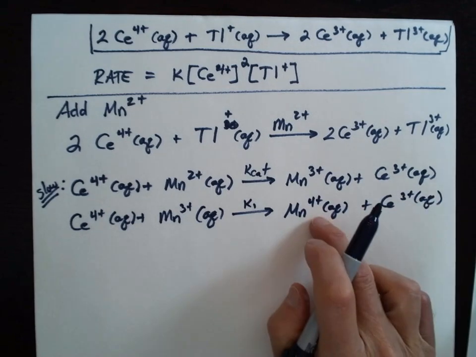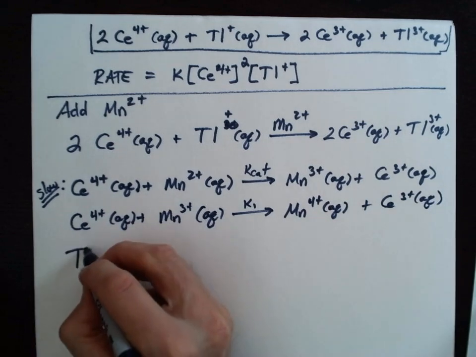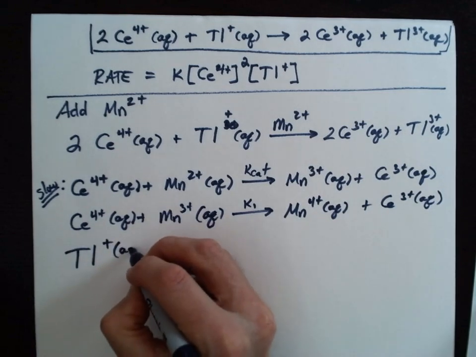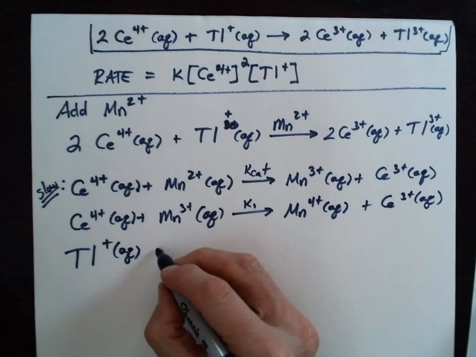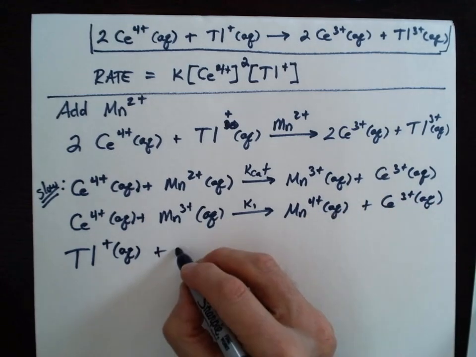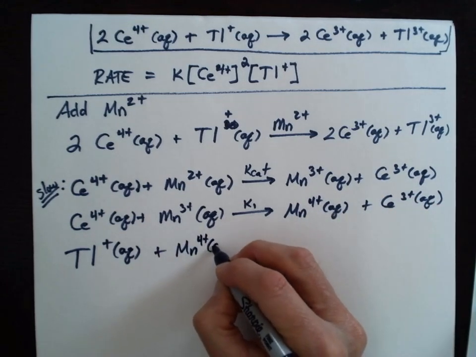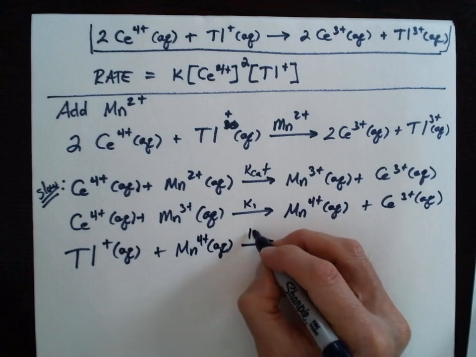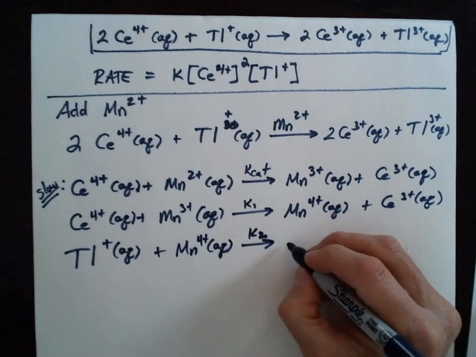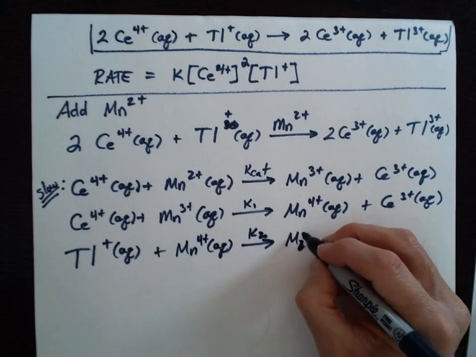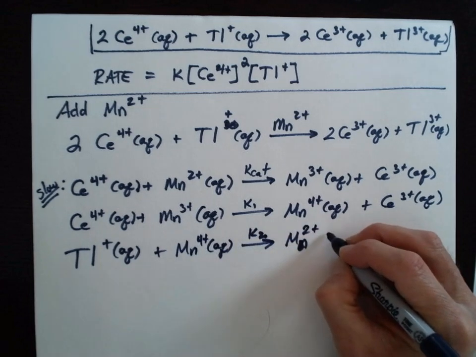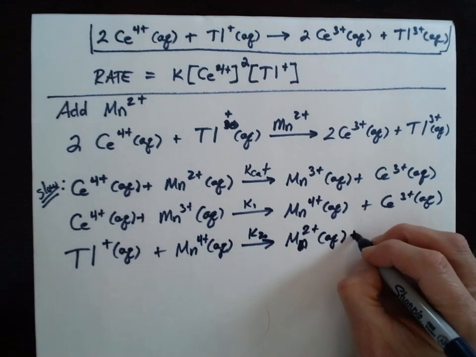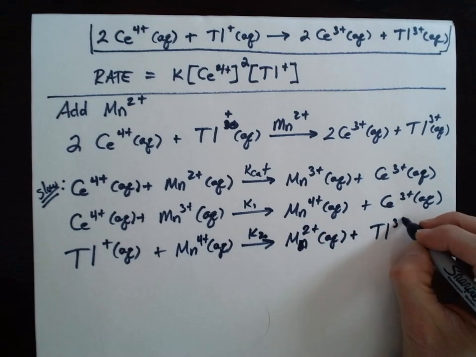And then finally, the manganese 4 that forms is going to react with the thallium 1 reactant. We'll say this is step K2. And you're going to produce manganese 2 ion, sorry about that, plus thallium 3.